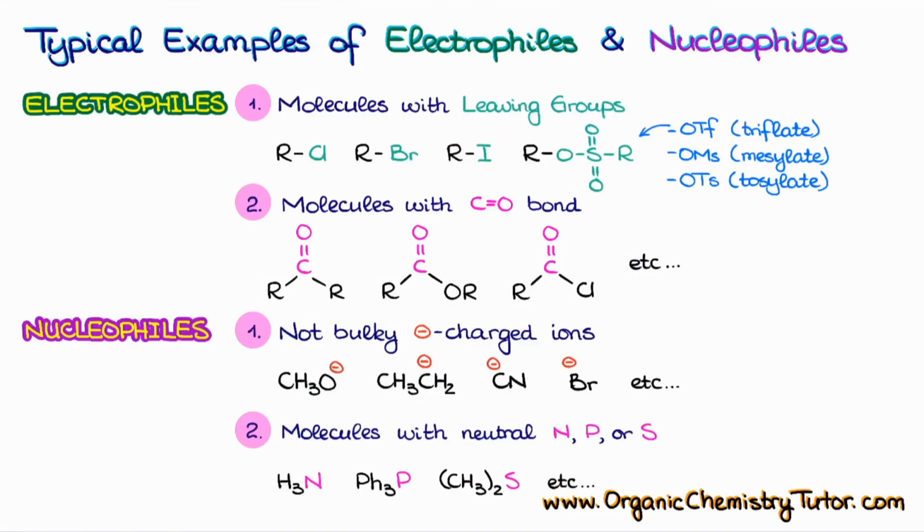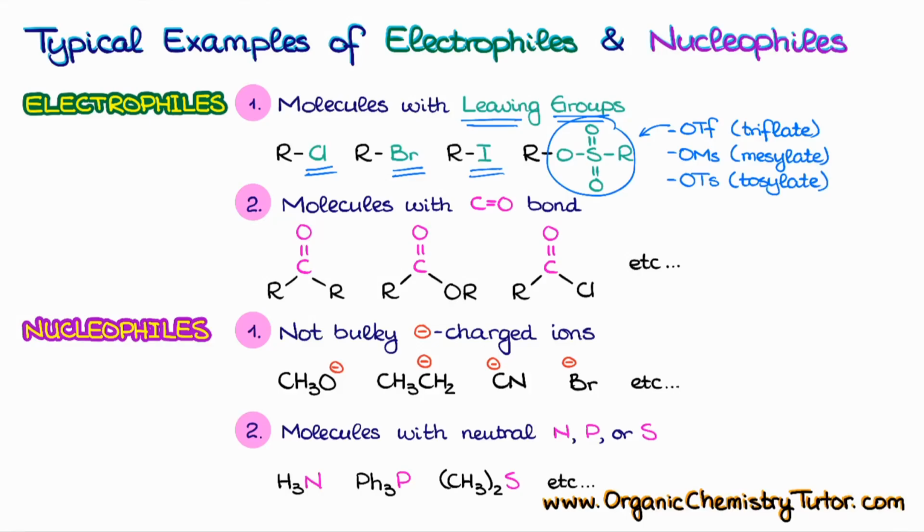And when it comes to electrophiles, they are typically going to have the following major features. The first feature is going to be very often the presence of a good leaving group. And our typical good leaving groups are going to be halides like chloride, bromide, iodide, or they can be sulfonate esters that have this structure.